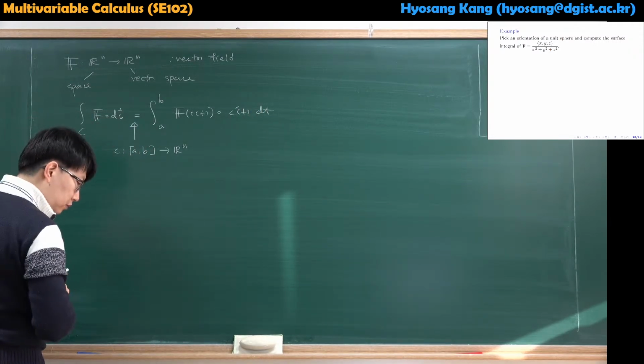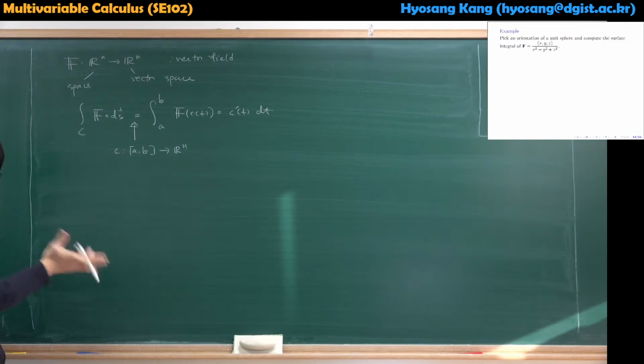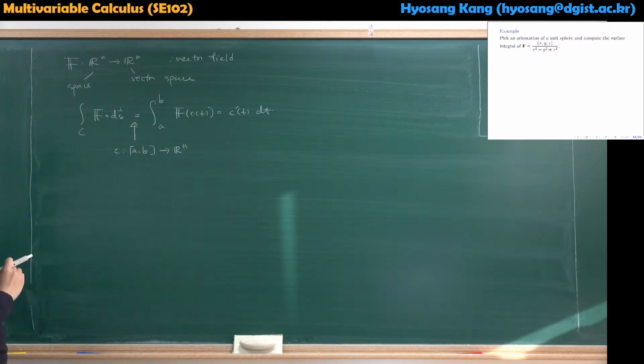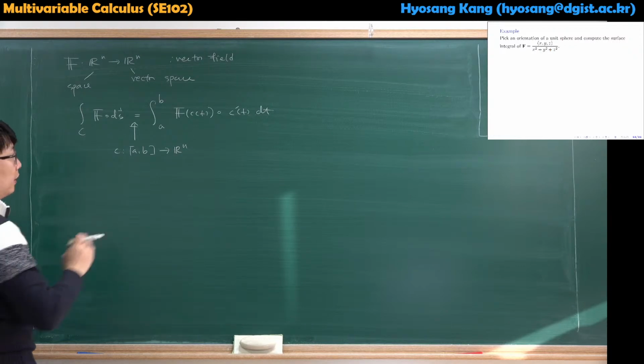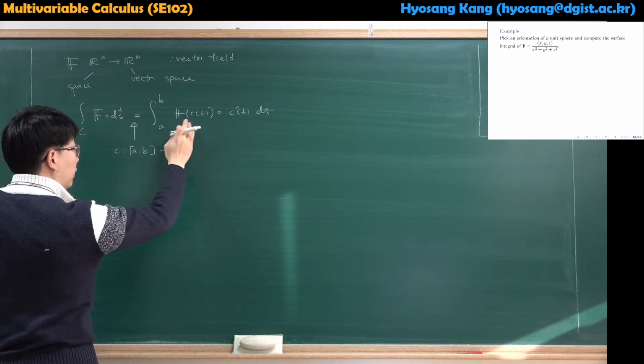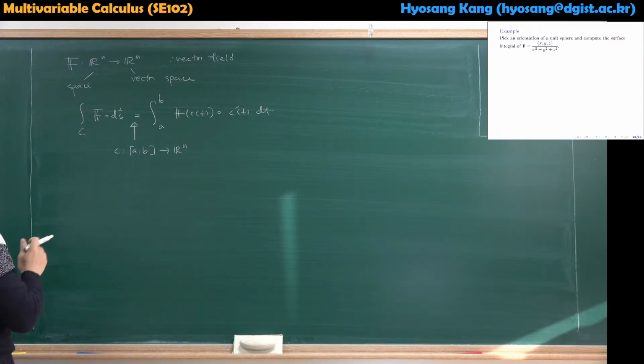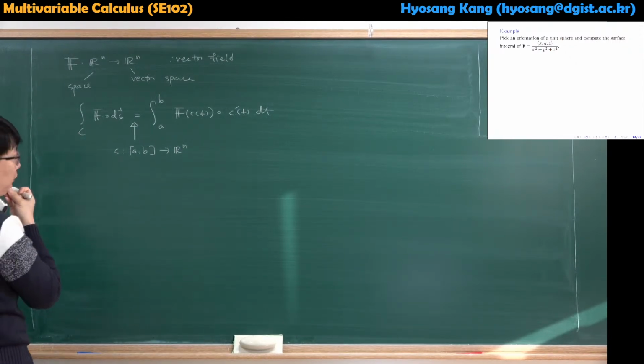Okay. So unlike the line integral of the real valued function, we take the velocity vector of this parameterization and then inner product with a vector field at the point at time t. And also we talked about the surface integral.